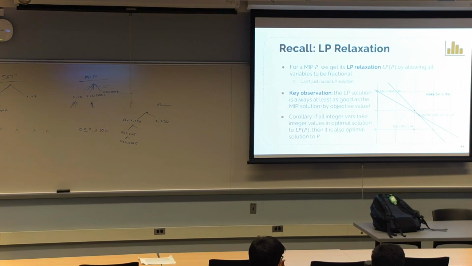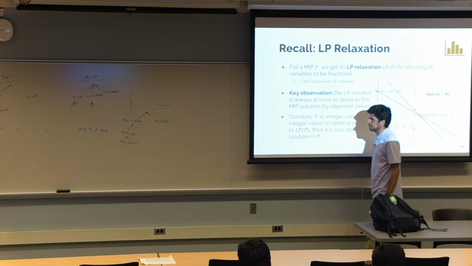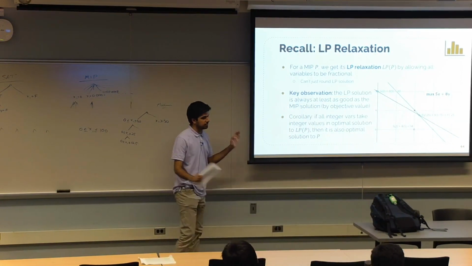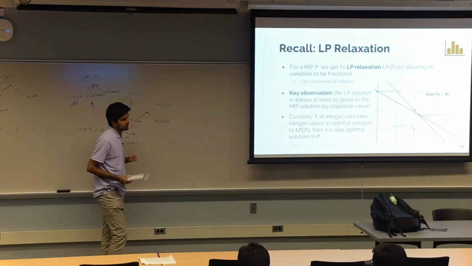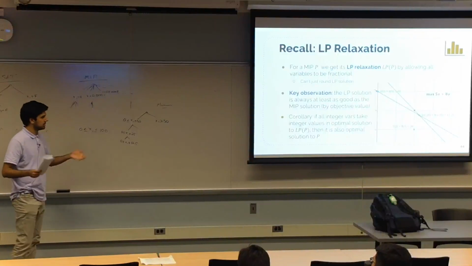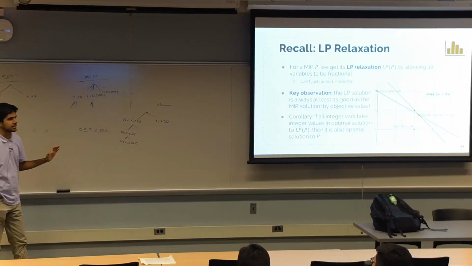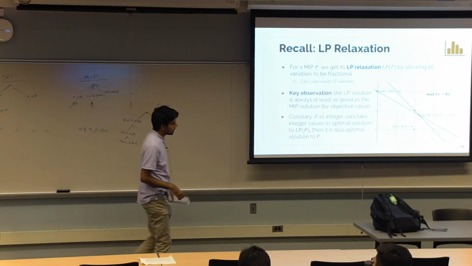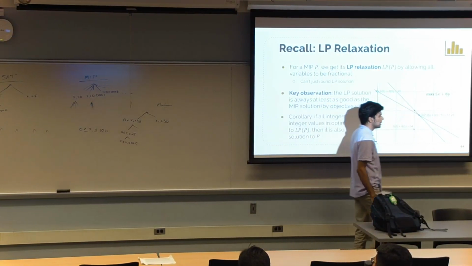You might remember this example from last class where we thought maybe we could solve mixed integer programming by letting it be a linear program, so all of the variables are unconstrained, solving that, and then maybe rounding the values to hopefully get the correct answer. And we said that doesn't work. Which is true, it doesn't work.